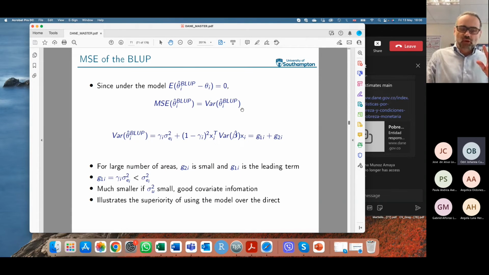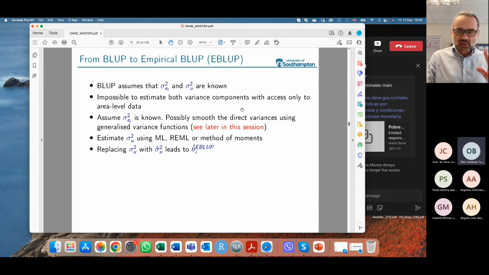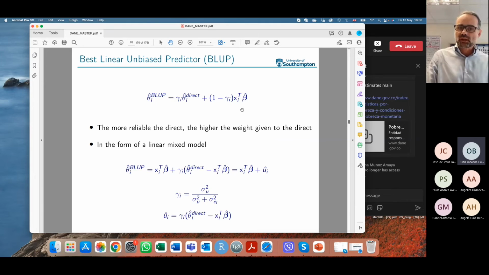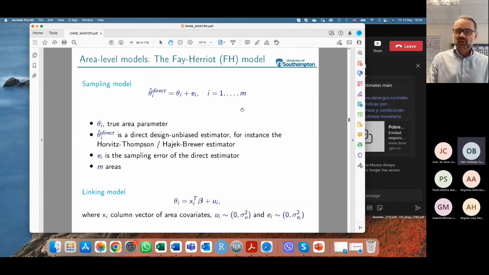I want to recap here because I know this is probably quite new to many people. What I'm working with here is area level models. Area level models have a very particular data setup that we're going to see in practice. The first thing you need is the direct estimates for each municipality, for each domain of interest.